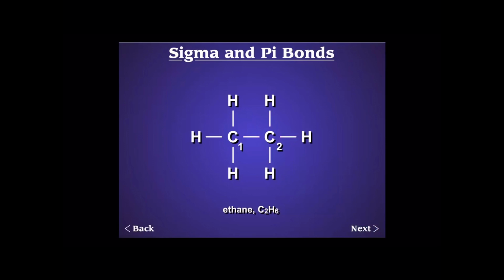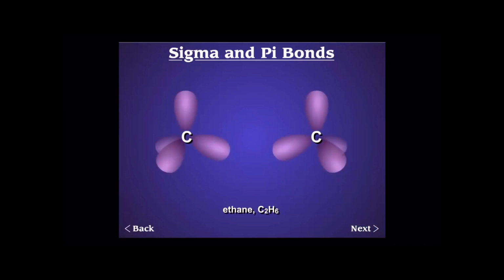The VSEPR model predicts that the geometry about each carbon atom is tetrahedral. In valence bond theory, 4 sp3 hybrid orbitals have a tetrahedral arrangement. We can begin to explain the bonding in ethane if we assume each carbon atom is sp3 hybridized. Each hybrid orbital will contain one valence electron, accounting for the 4 valence electrons of each carbon atom.